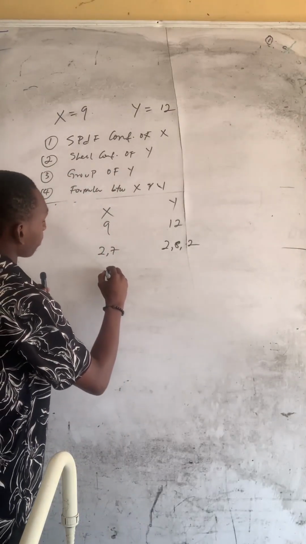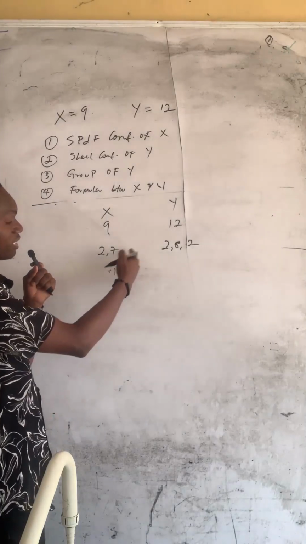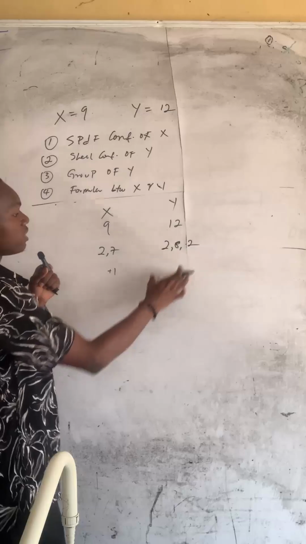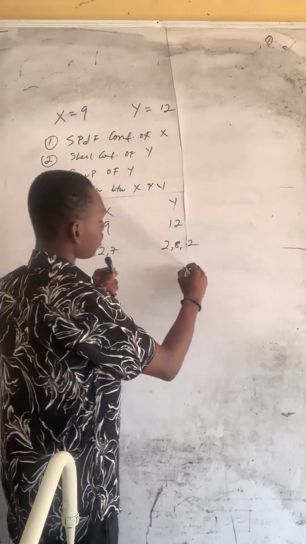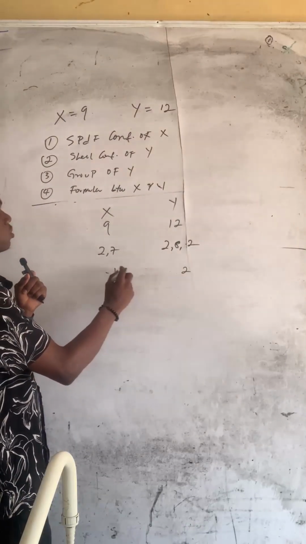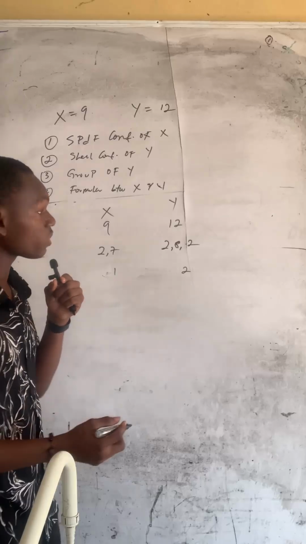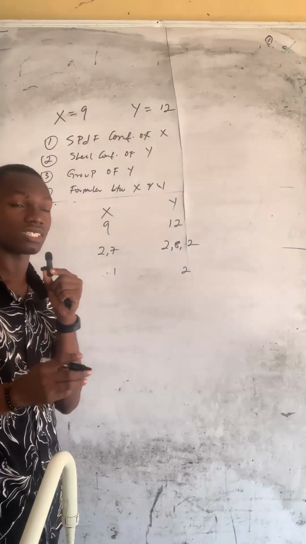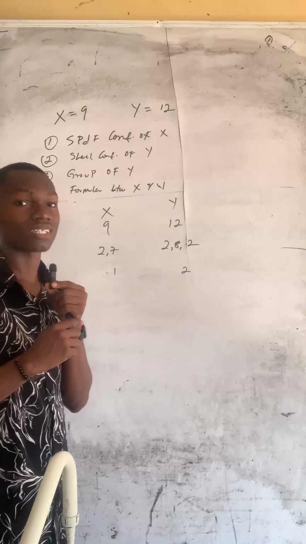The combining power of X is 1 because X will rather gain 1 electron than to lose 7 electrons. What about Y? The combining power of Y is 2 because Y will rather lose 2 electrons in order to have an octet state than to gain 6 electrons in order to attain octet state.